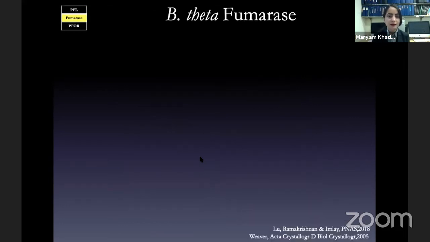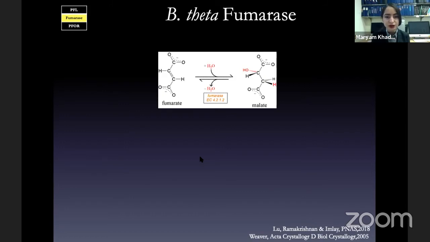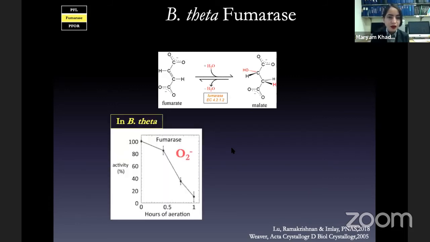Okay. The second enzyme is fumarase. Fumarase, as I mentioned, is involved in conversion of fumarate to malate. And the two postdocs in our lab, Zheng Liu and Ramki Sethu, they showed that fumarase is inactivated in B-theta in about 1 hour.